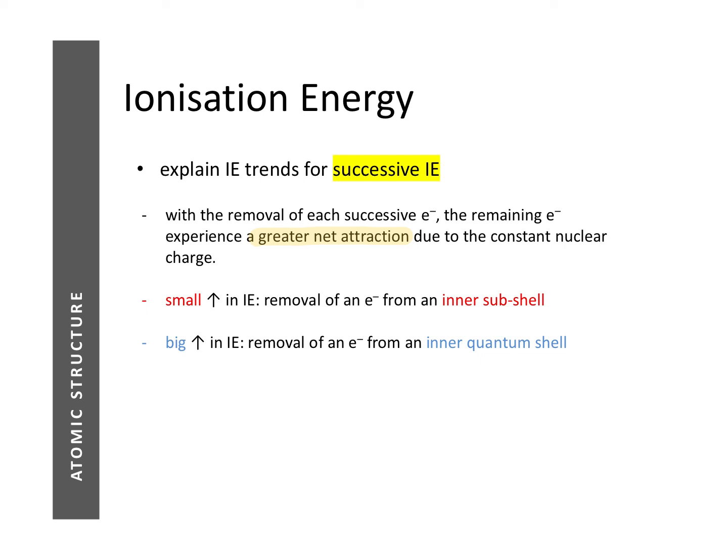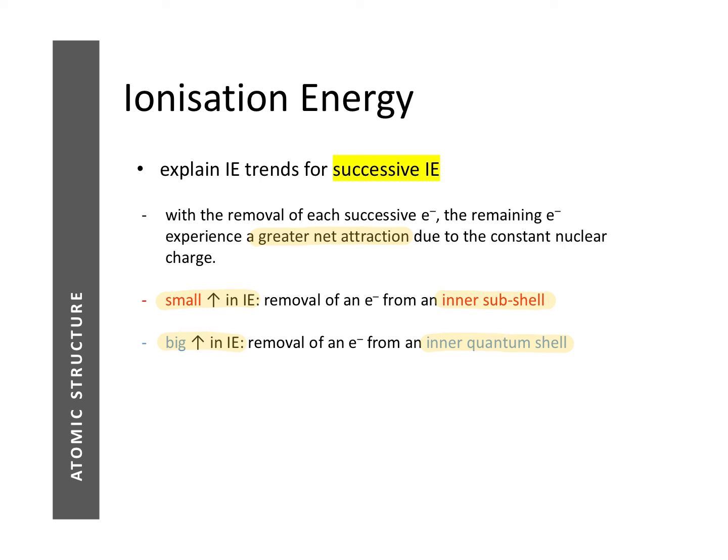Therefore, as we look at successive IEs, or successive electrons to be removed, it will require a greater amount of energy. As mentioned, when you see a big jump in ionization energy, that is a signal to you that the electron is removed from an inner quantum shell. Sometimes if you analyze in greater detail, you will see small jumps in IE. Small jumps actually correspond to the removal of an electron from an inner subshell.